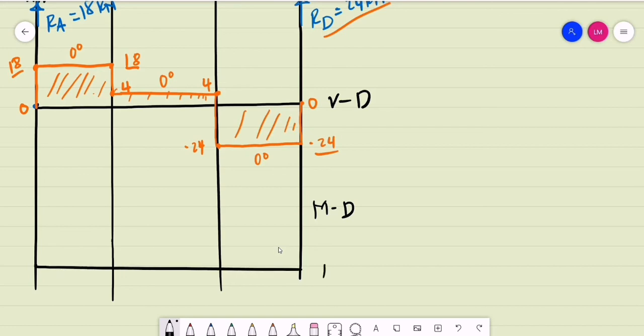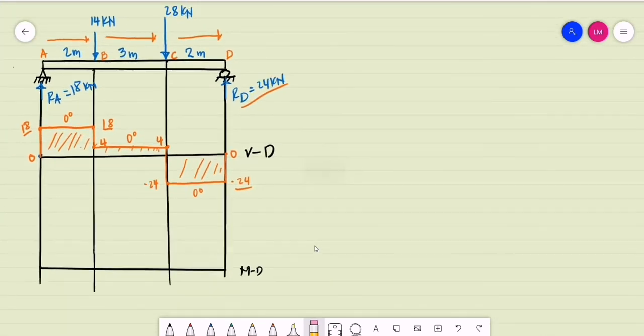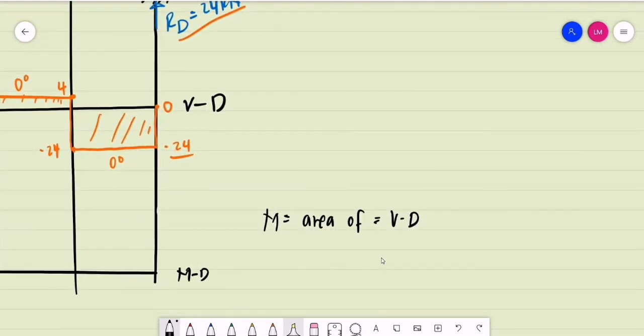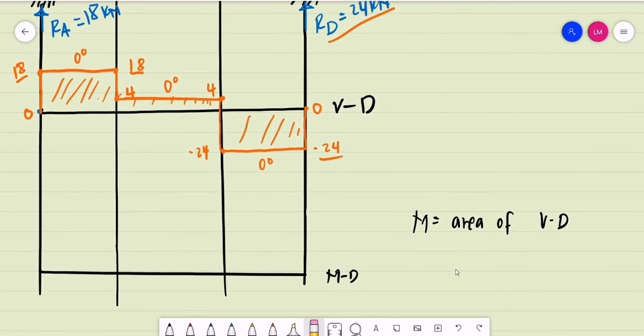So let's say for our moment diagram, we can have the values or the magnitudes of the moments on our specific points. Considering that the value of the moment is basically equal to the area of the shear diagram, all we have to do is specify our points or limits.